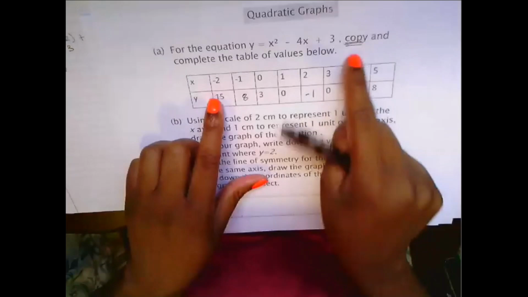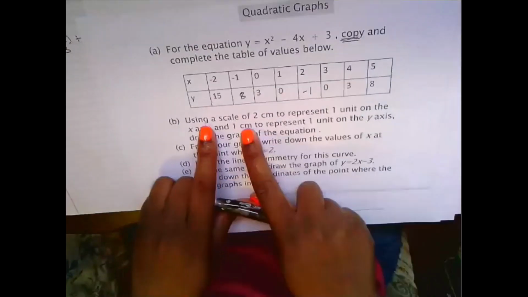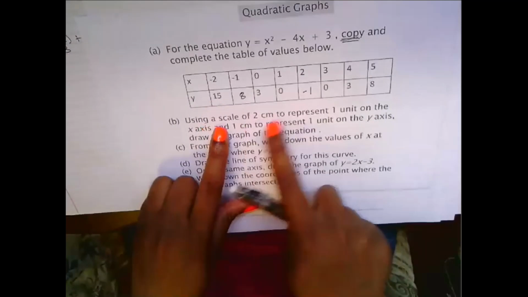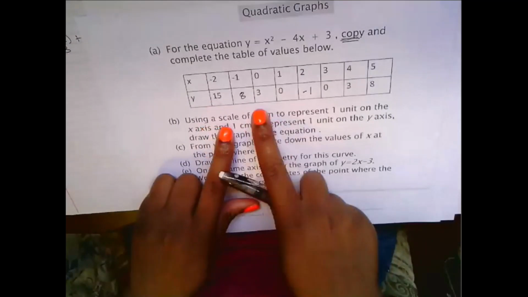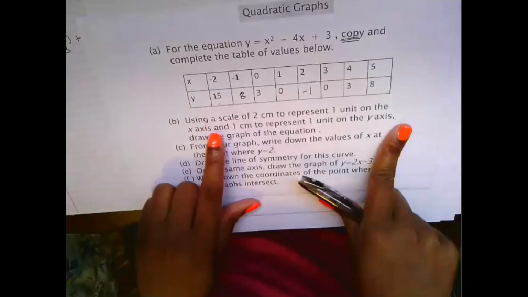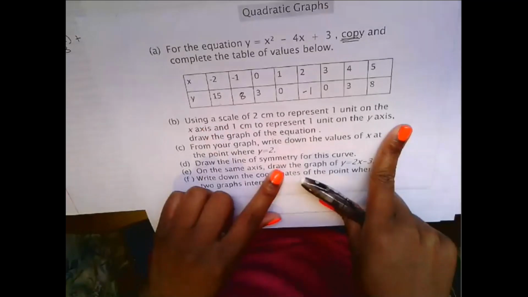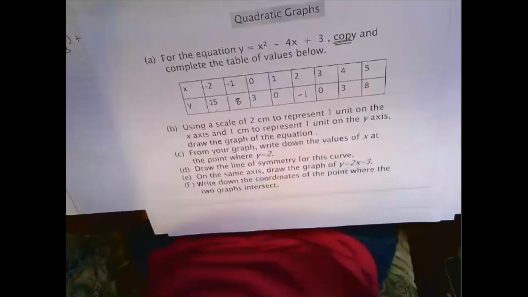Let's move on though. Now B says, using a scale of, and I put the question back to how it should have been on the BGCSE: Using a scale of 2 cm to represent 1 unit on the x-axis and 1 cm to represent 1 unit on the y-axis, draw the graph of the equation. So first of all, before I even draw the graph, I have to draw my axes, my x-axis and my y-axis.